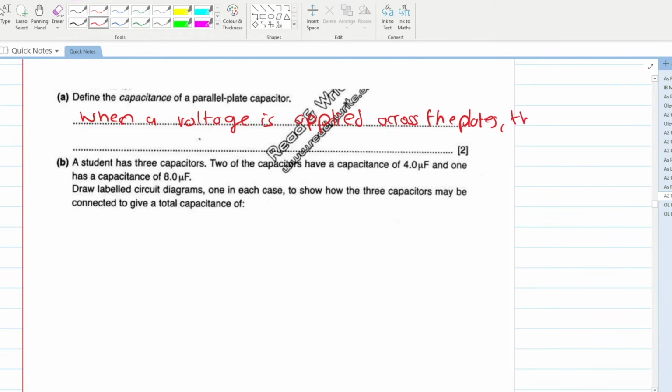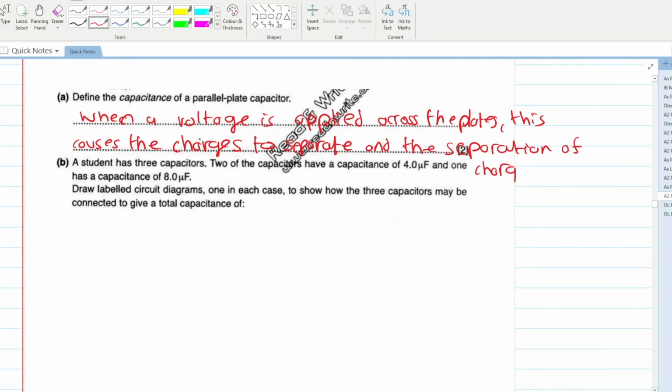This causes the charges to separate, and the separation of charges stores energy. Simple as that. Let's further move ahead.